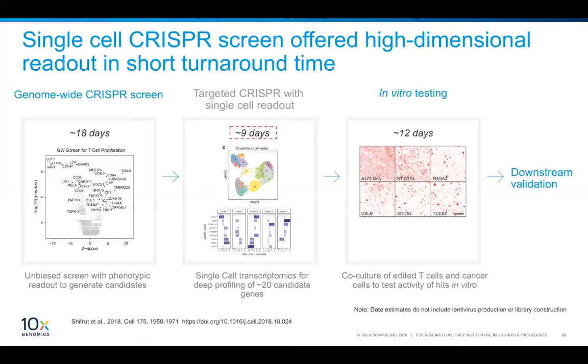Another advantage is that the workflow is applicable to a wide range of primary cells which usually cannot be kept in culture for more than a few days. And there is no need to select specific cells from the populations and assess the phenotype, because single-cell resolution will allow you to distinguish all individual cells, and there is no need to do deep sequencing to identify the guide RNA. It only takes as little as 5,000 raw reads per cell to identify the guide.